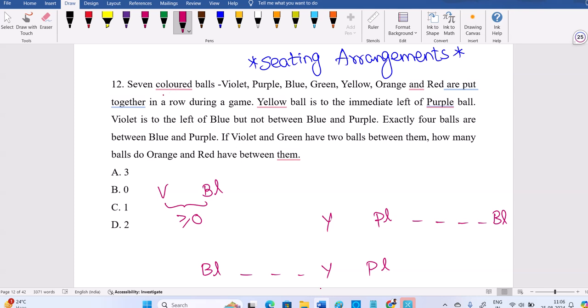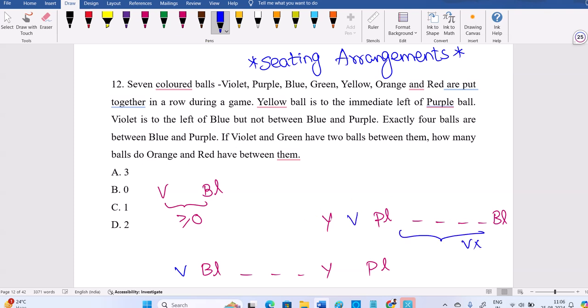And they mention violet is not between blue and purple. If that is the case, violet should be here as per this point in the second arrangement. Here also violet is not between blue and purple, and here already 3 plus 4, 7 completed. Now violet is not between blue and purple, so I cannot put violet anywhere here.